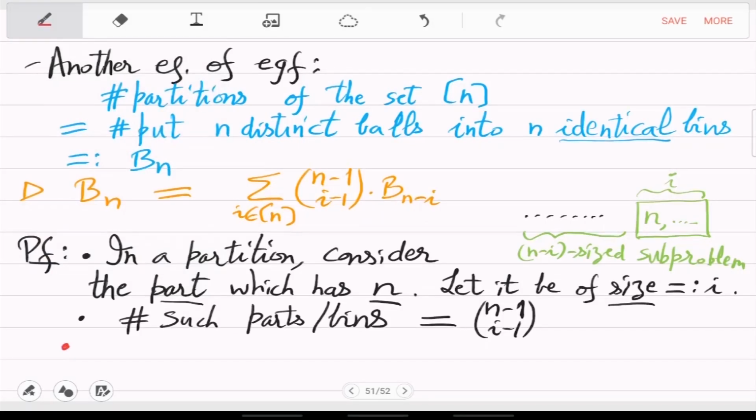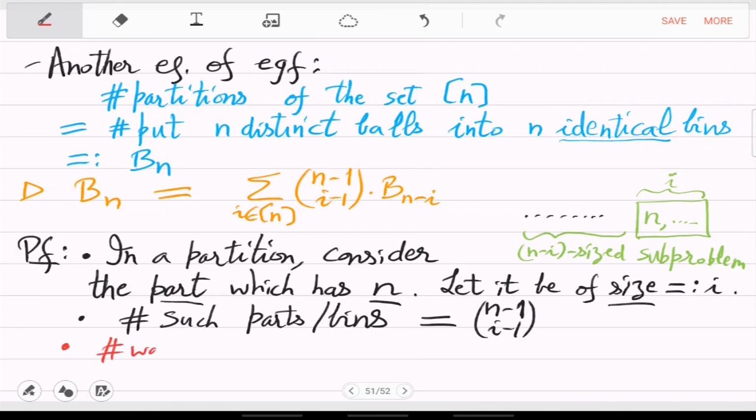And there again, if you think in terms of bins, there are n minus 1 bins or less. They are unordered, and you want to partition the remaining set, which is of size n minus I. So let me write in terms of count.